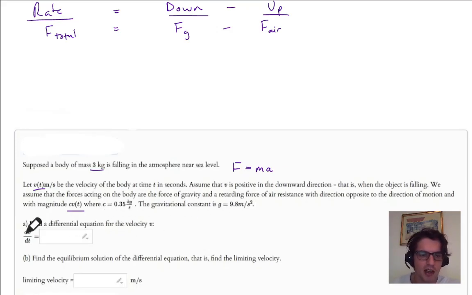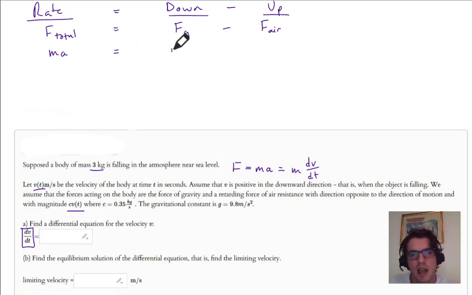So we want to find an equation for dV/dt. Right now we're dealing with forces and we have an equation we can work with. That force equation has an A in it. And the relationship between acceleration and velocity is that the derivative of velocity is acceleration. So that's great. That is what we're looking for. So total force is going to be ma.